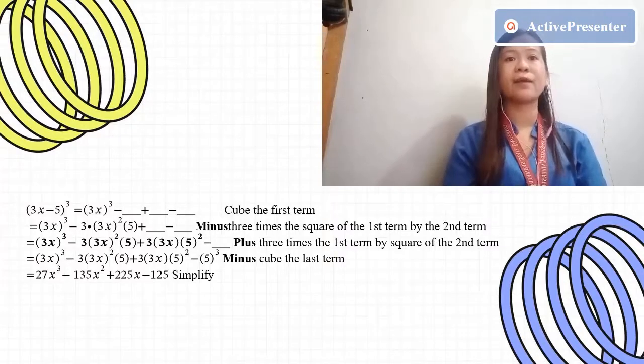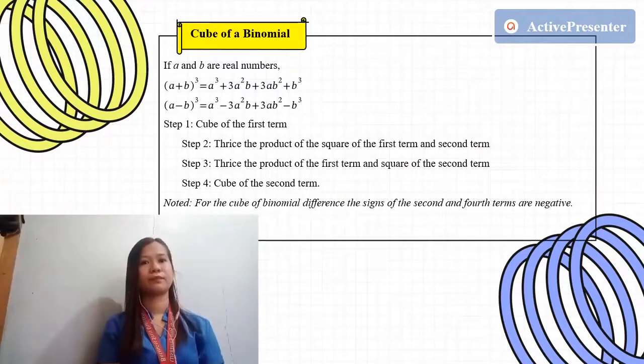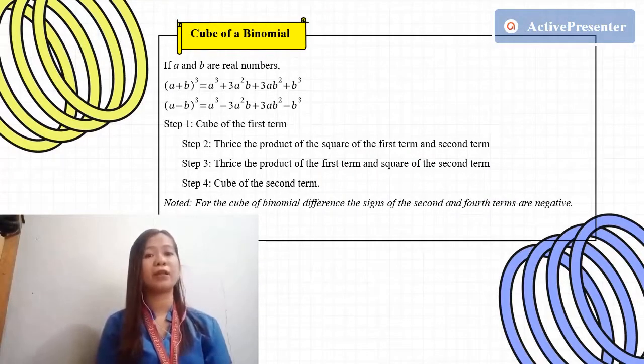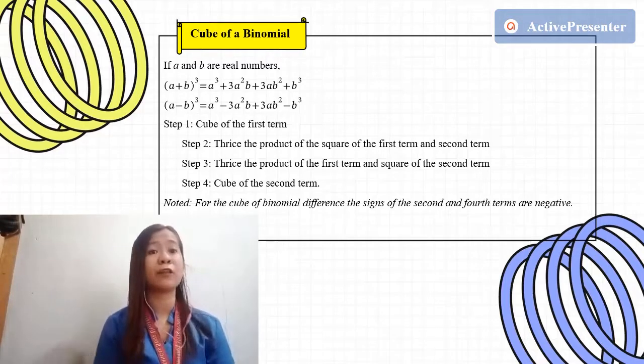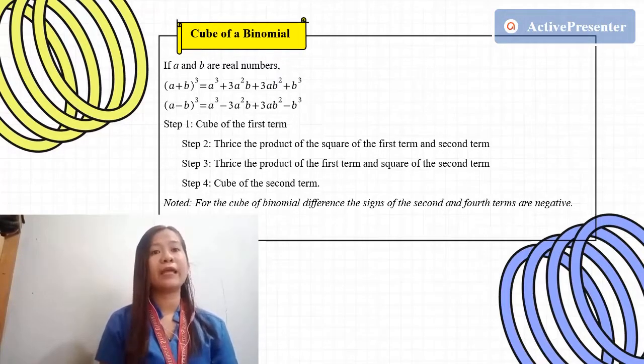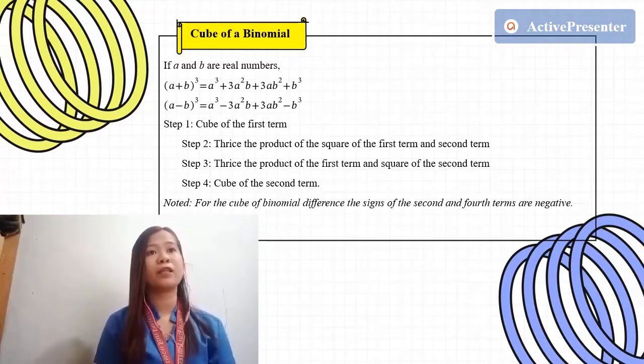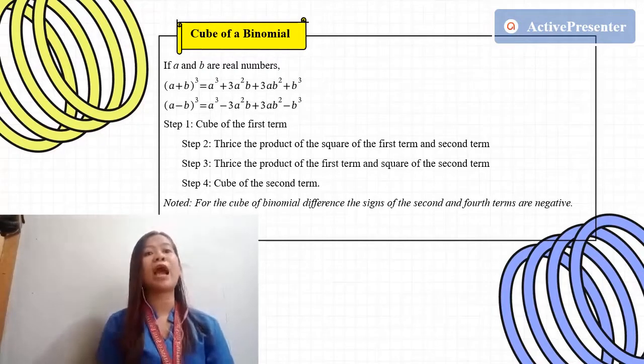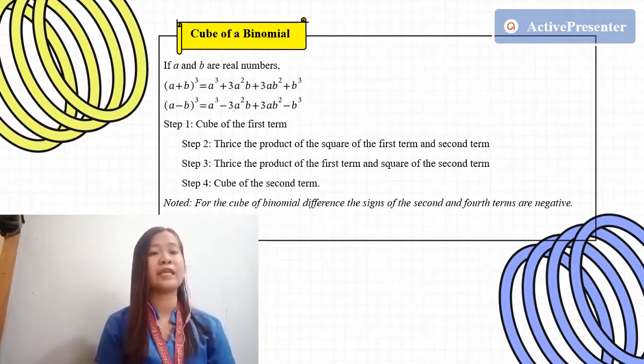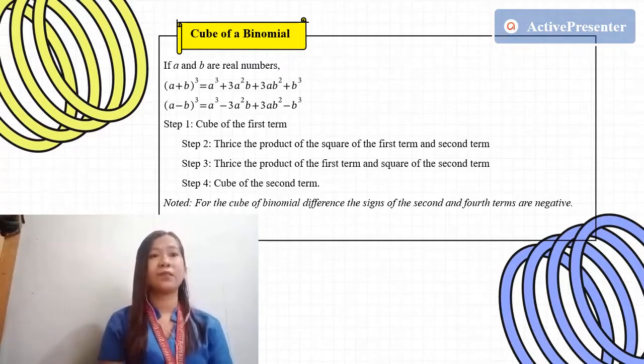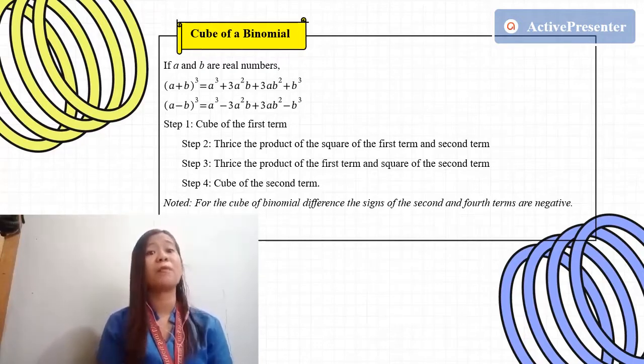This will be the reminder for all of you on how to use the special form in finding the product of the cube of a binomial. For example, we have the real numbers a and b. If we have the cube of a binomial which is a sum, so we have a plus b cubed, you have noticed that all the terms are positive, okay?